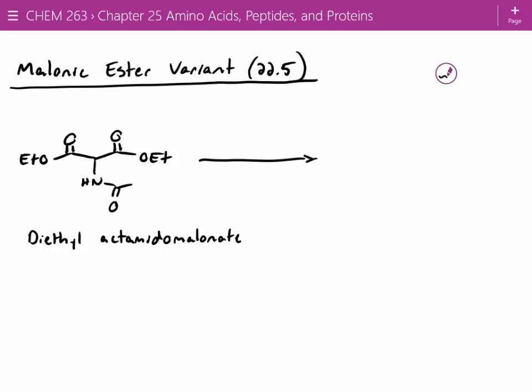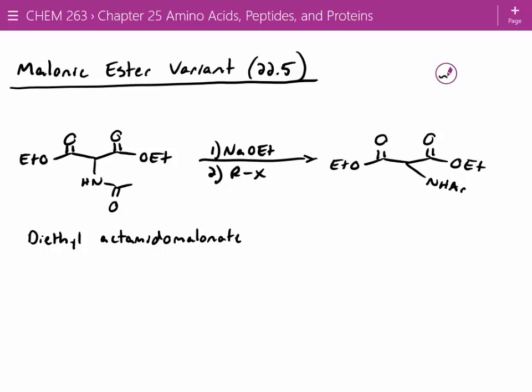What can we do with that alpha position? Yeah, just deprotonate it. So let's use sodium ethoxide. We want to choose the appropriate base, and then we can alkylate it. I'm going to abbreviate the acyl group.